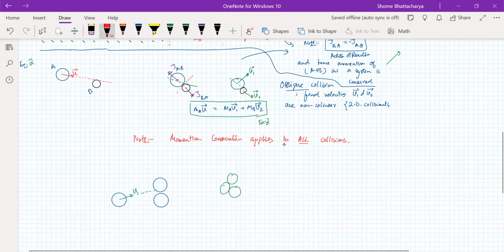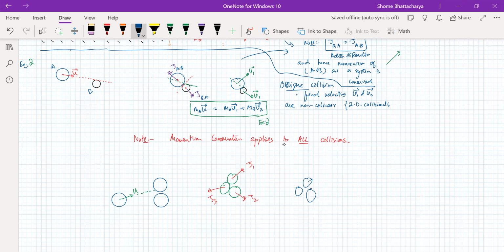So there is some impulse that acts on this, there is some equal and opposite impulse that acts on this, and these two together are applying some net impulse on this, let's say like this. As a result of these impulses, what we observe is that these two bodies go off with some velocities like this, and this one maybe recoils with some velocity like this.